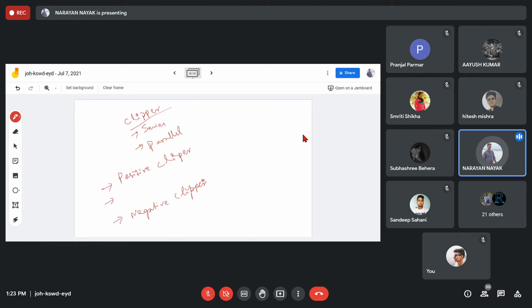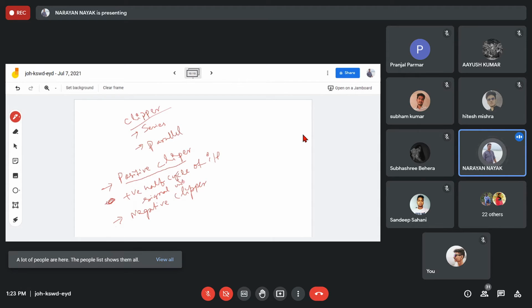So what is the positive clipper? Positive clipper, what will it do? The positive half cycle of input signal will be removed. What is the positive clipper?